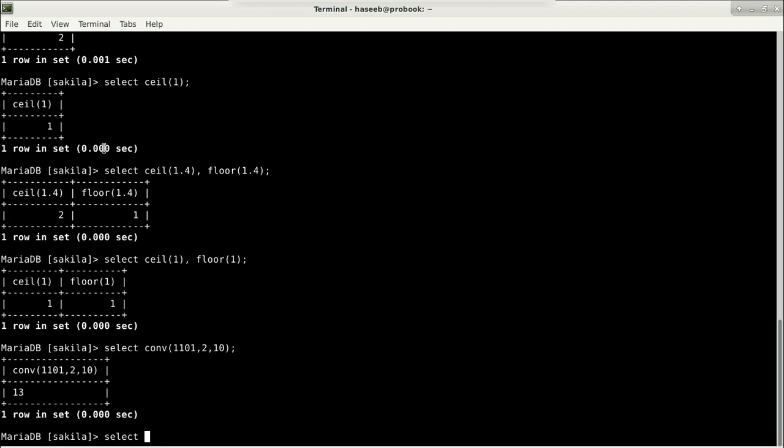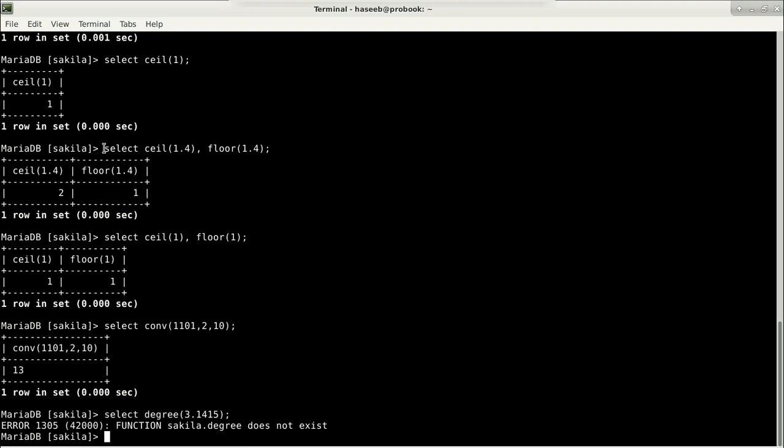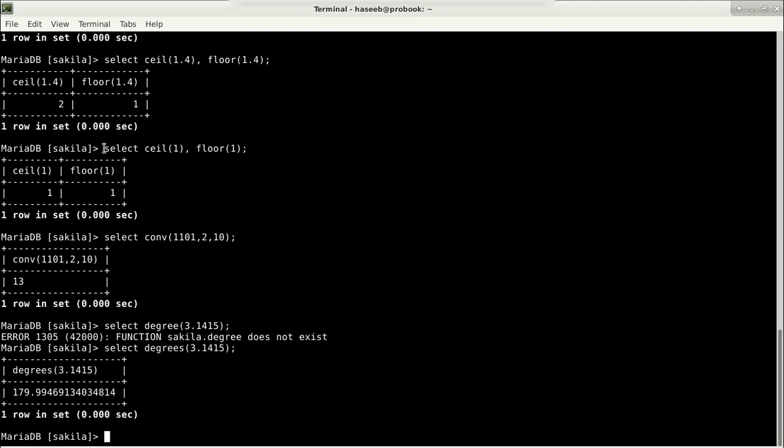The value of pi is 3.1415, so we should get 180 as the answer. Oh, is it degree or degrees? Degrees. So roughly 180 is the answer, and its opposite function is radians. If we give this value to radians, we will get 3.1415.